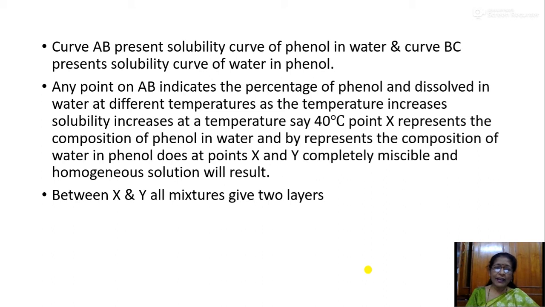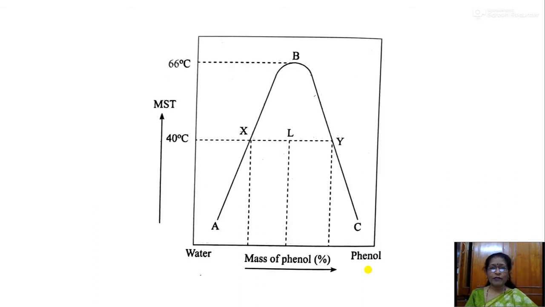Between X and Y, all mixtures give two layers. That is shown very clearly here. Between X and Y, the mixture will be two layers. Above X and Y, it is only a homogeneous solution.